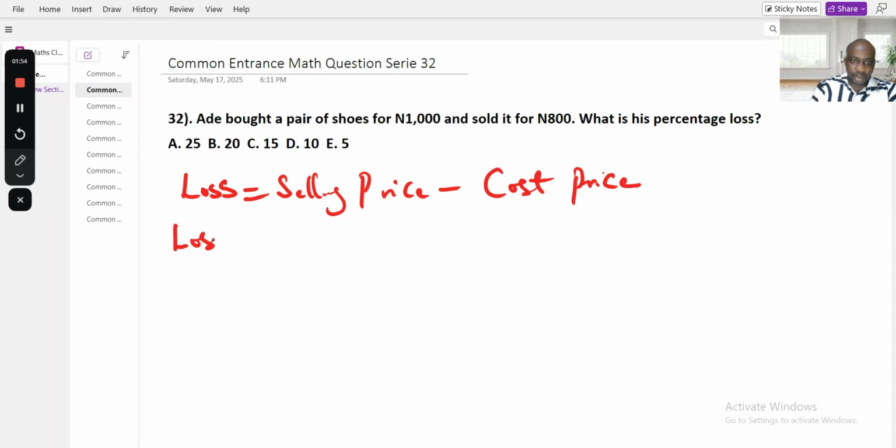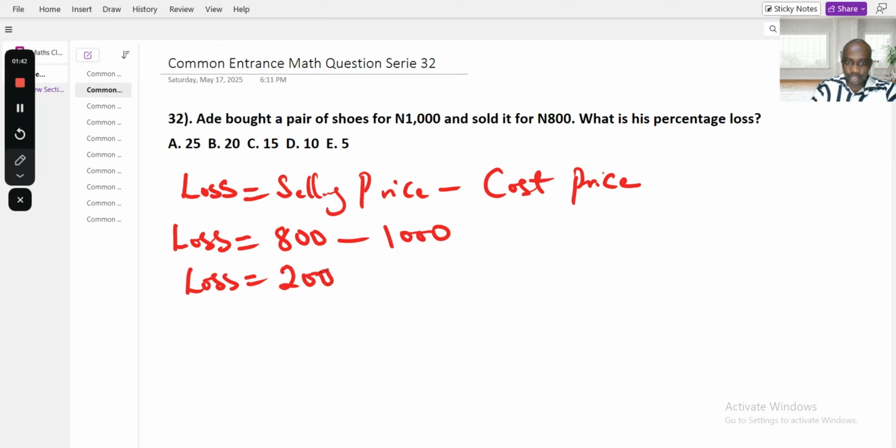Therefore, the loss will be 800 minus 1000. The loss is 200 naira. Ade made a loss of 200 naira.